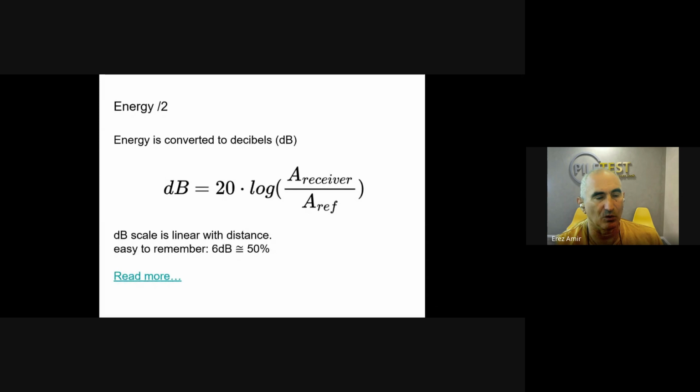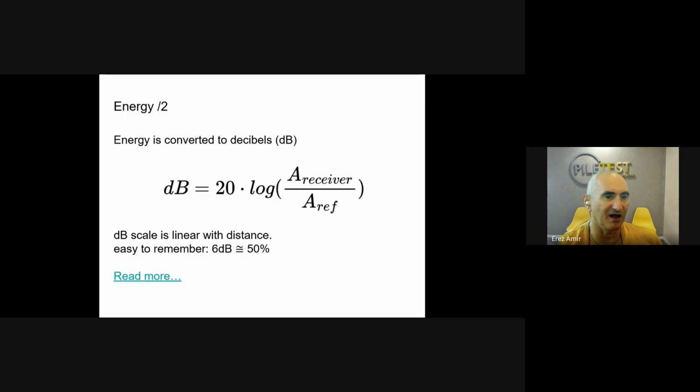Okay, so we can convert energy to decibels, which is a very simple formula, just 20 log of the energy at the receiver divided by some reference energy. We use a very high reference energy value so that this fraction here is always greater than 1, so we don't get negative decibels. The nice thing about decibels is that it is linear.